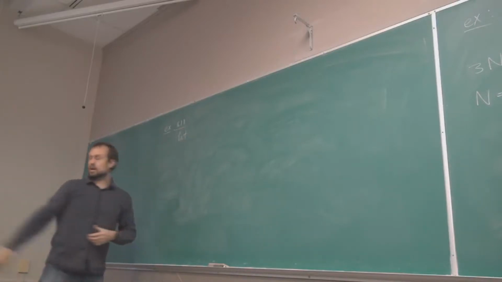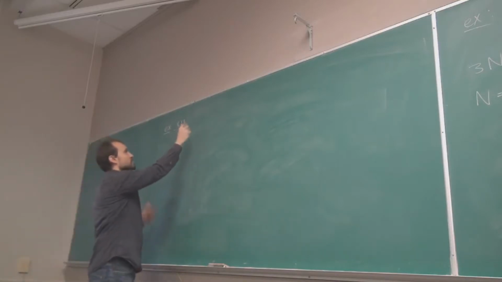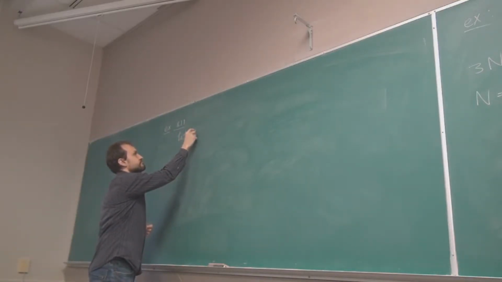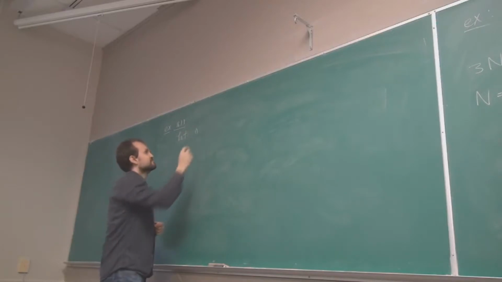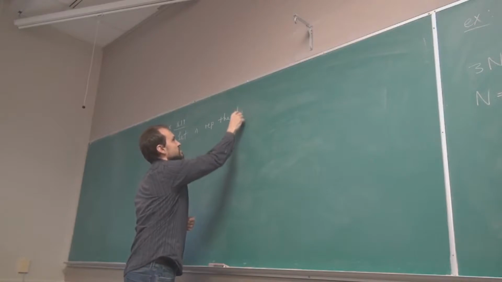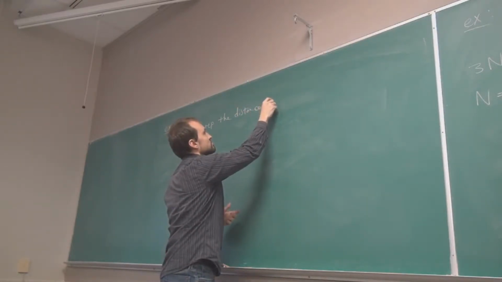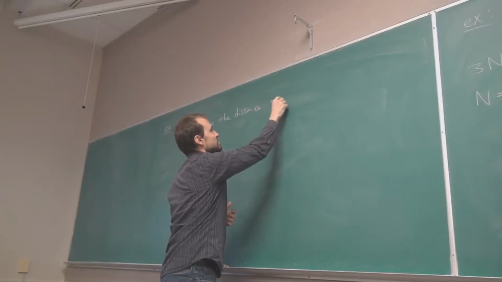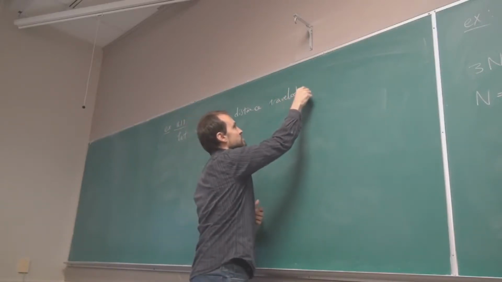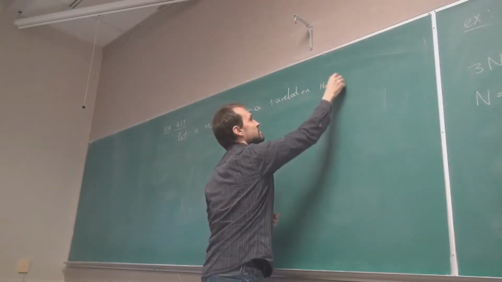So I choose a variable to represent what I'm looking for, and that is the distance I can go on 16 gallons. What do you want to call it? N? N. You always pick N. Let N represent the distance I can travel on 16 gallons.